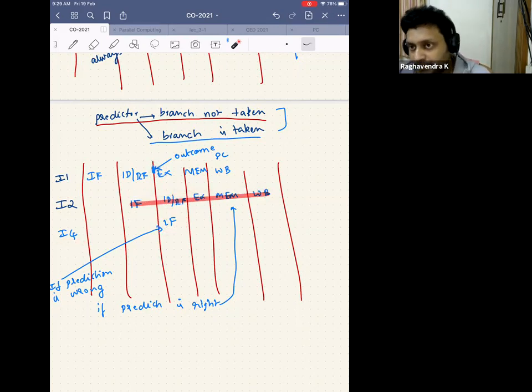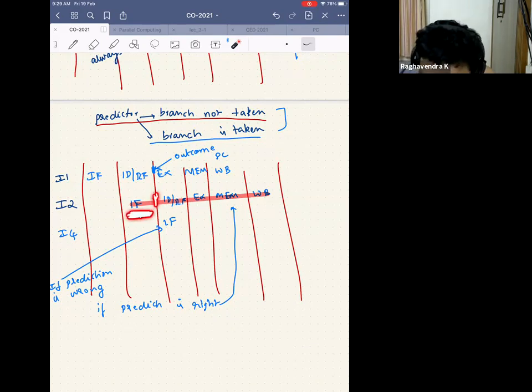If I flip around and say I will predict that the branch is taken, let's say I predicted that here. I can't predict the branch is taken here, because I don't yet know that it's a branch instruction, so I can't do anything here.